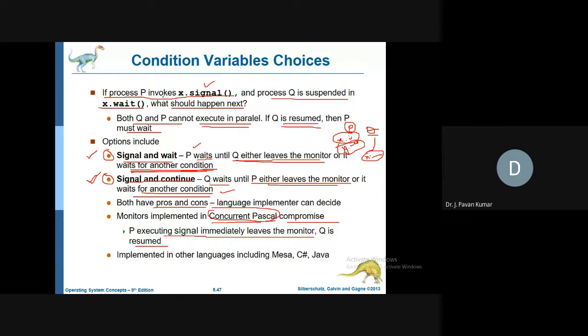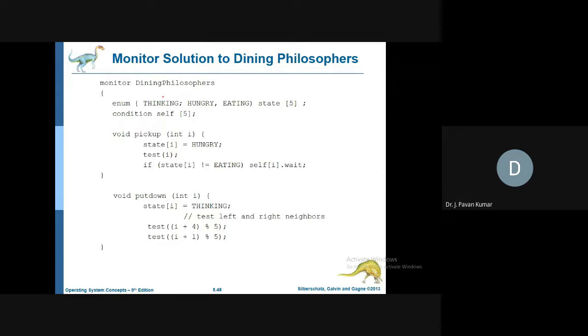So this is about monitors, and this is the solution given for the problem called the dining philosophers problem, which we have seen earlier. Each philosopher will either be thinking or eating. While thinking he will not be bothered about eating, but for eating he needs two chopsticks.